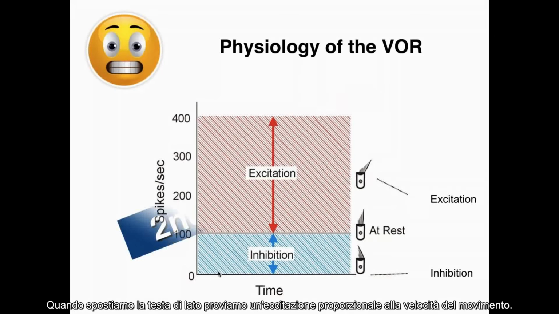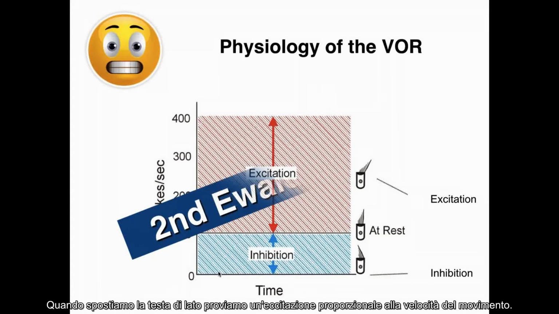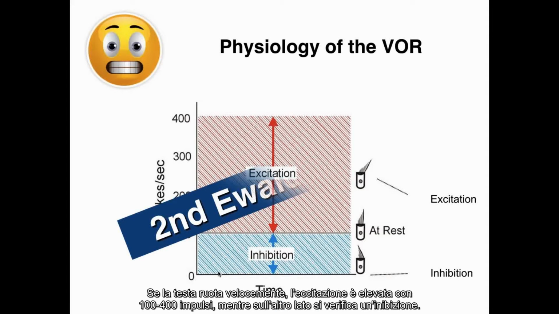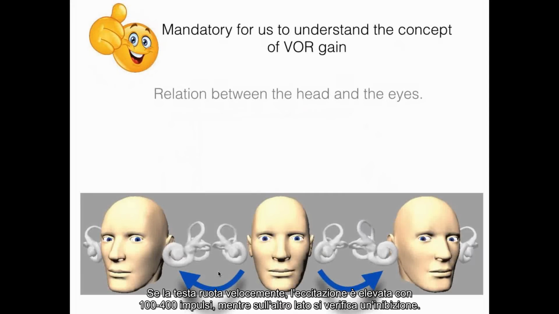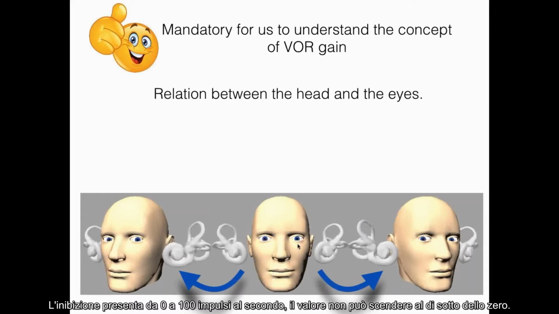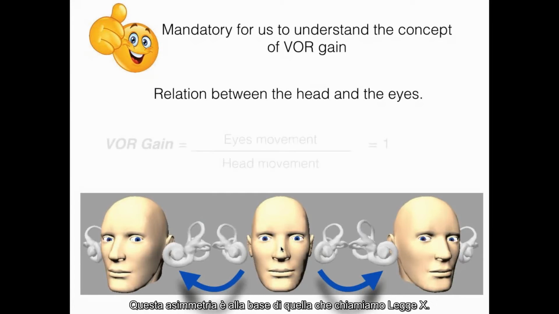When we move our head to one side and the stereocilia bend over the kinocilium, we have an excitation, and this excitation is proportional to the head velocity. If you move your head fast, there's a huge excitation here. It goes from 100 spikes to 400. And on the other side, you have an inhibition. But this inhibition goes from 100 spikes per second to 0. It cannot go below 0. So this asymmetry is detected and is the basis of what we call Ewald's second law.